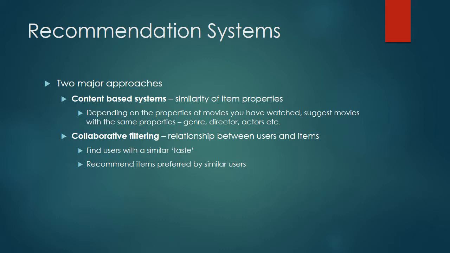And again, the key issue is that you're recommending items preferred by similar users. There is a different notion out here of how you define similarity. I mentioned that you're treating the items and the users the same way in the first approach, the content-based systems. In collaborative filtering, you're trying to say that two users are similar if they've bought the same kind of items, and two items are similar if they have been bought by the same kind of users.